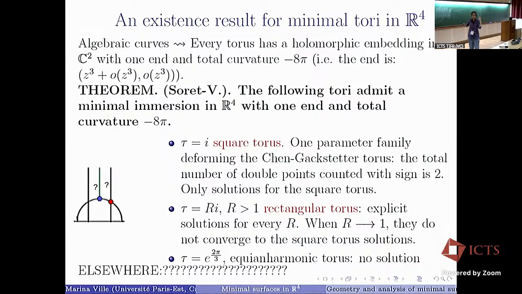Maybe actually I can send a corrected version of the slides after the talk. Okay, so we have one non-existence result, which is this one: the equianharmonic torus, tau equal to exponential of 2 pi i over 3. Elsewhere we don't know.